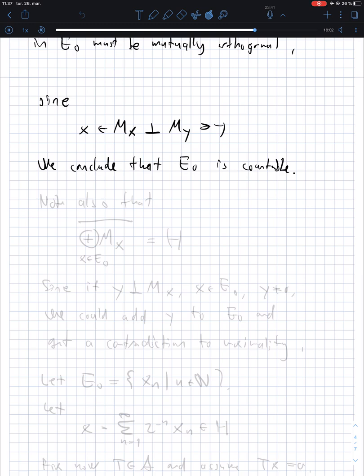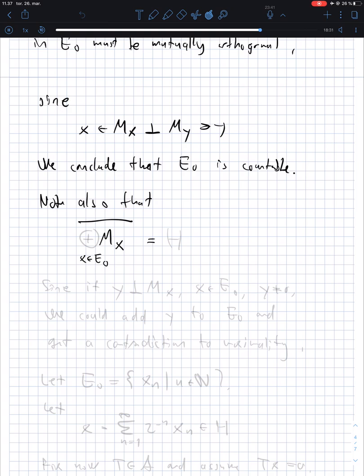We also note that if we take the union of all the Mx's with x in E naught and close it off, we will get, what am I trying to say here?